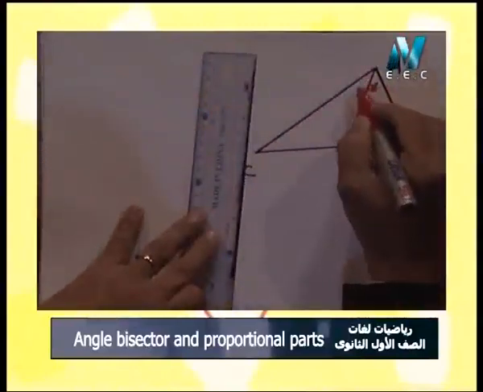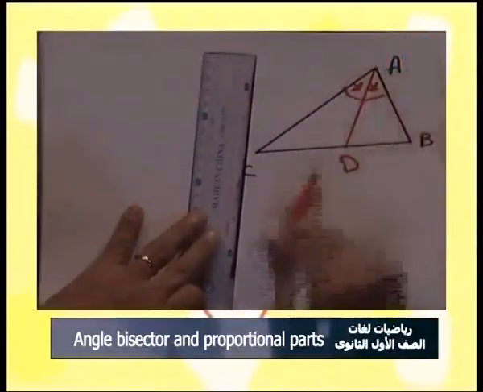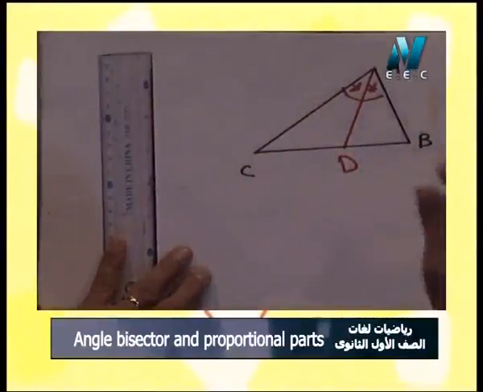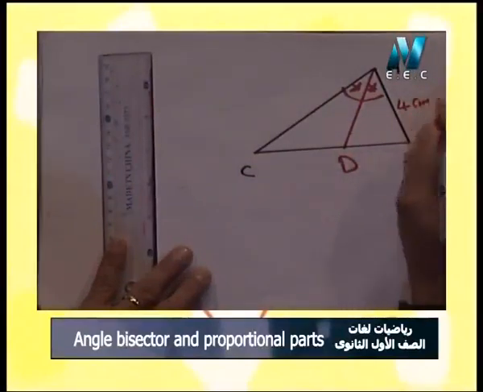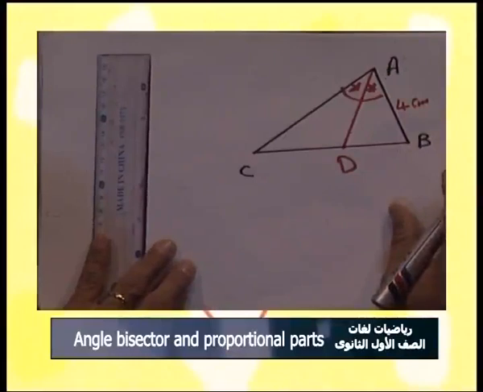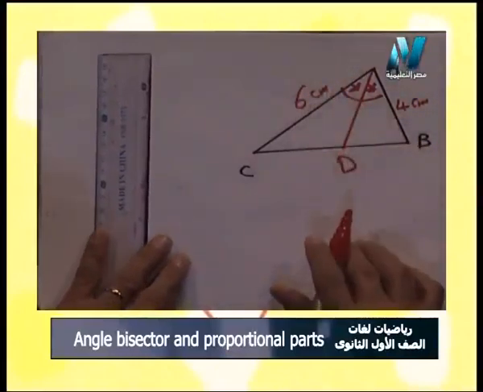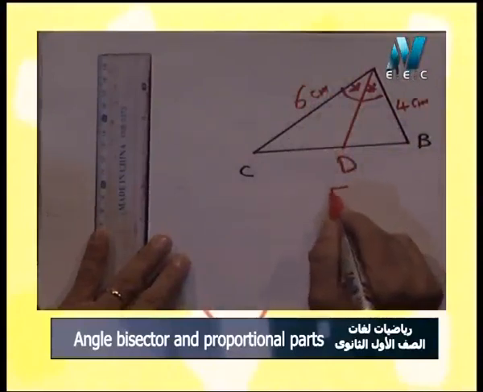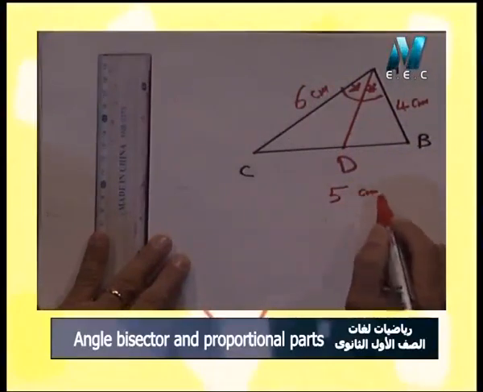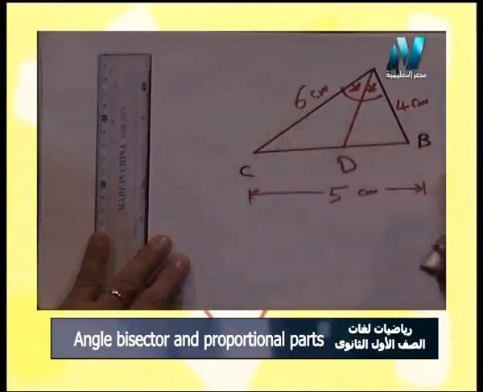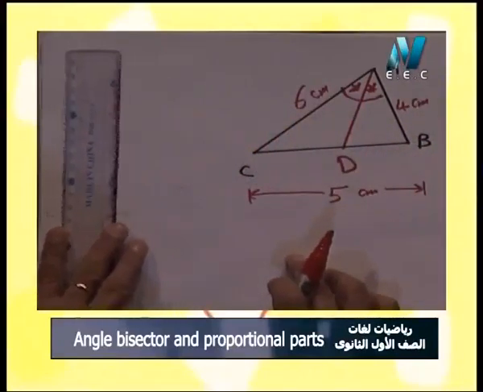AD is the bisector of interior angle A, and we have the length of AB equals 4 centimeters, and the length of AC equals 6 centimeters, and the length of BC, all of BC, equals 5 centimeters.